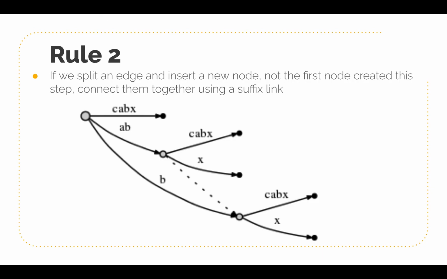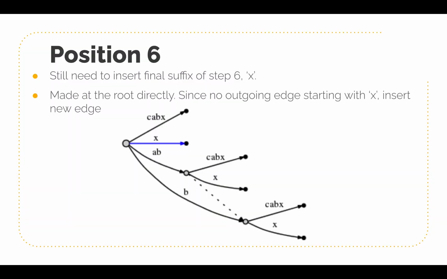We will still need to insert the final suffix of the current step, X. Since the active length component of the active point has fallen to 0, the final insert is made at the root directly. Since there is no outgoing edge at the root node starting with X, we will insert a new edge. As we can see in the current step, all remaining inserts were made.